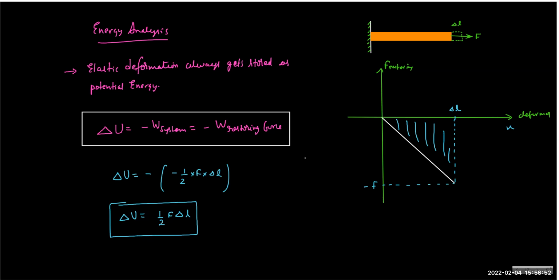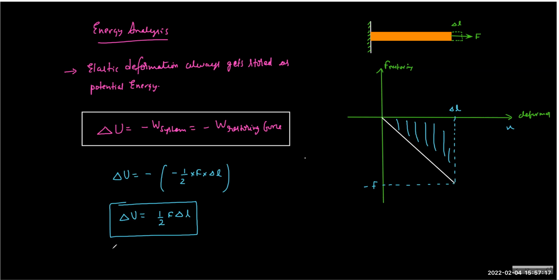So the work done is easy to find graphically. And why is it a straight line? Because we know that in the elastic limit, stress and strain are proportional, and that's why the relationship is linear. You can see that we have got the answer very easily. It's simply half F into delta.